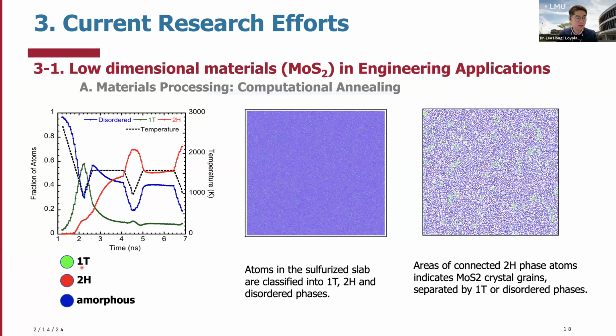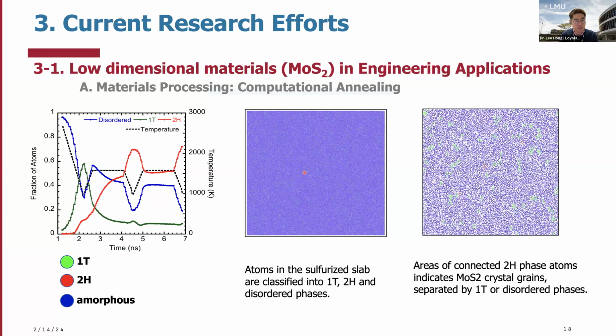In MoS2, there's the 1T phase in green and the 2H phase, two different types of crystal phase. Here, as you can see, the first one in blue is fully amorphous. It's disorganized at the beginning. We did the simulation using this one, but we were wondering how to crystallize it using different techniques.